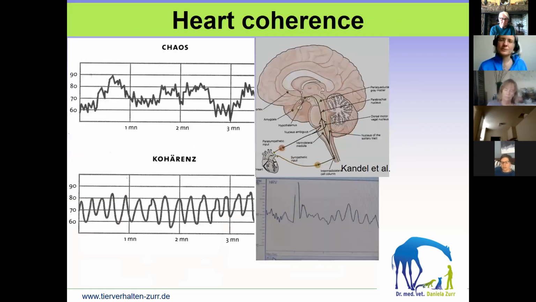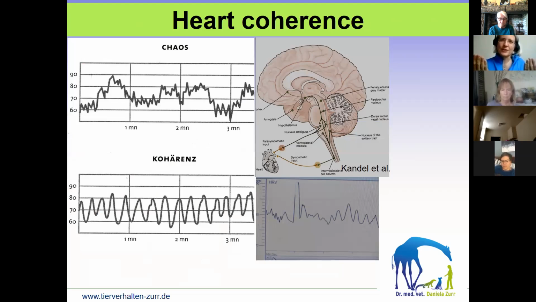And one of the easiest ways to rebalance sympathicus and parasympathicus is to increase heart coherence, or we could also say it the other way around.